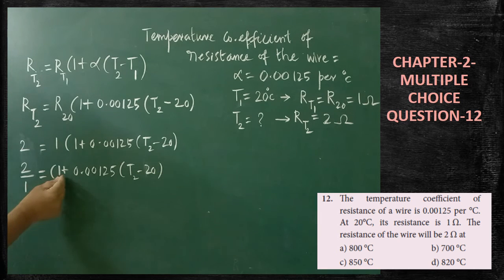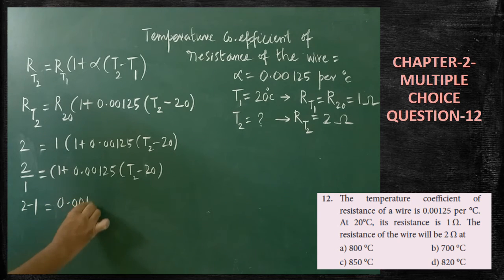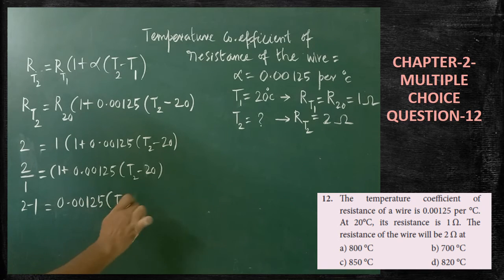Now this 1 can be brought to this side. 2 by 1 is equal to 2, and if this 1 is brought here, it becomes 2 minus 1. What is the remaining factor? I'll go step by step, only then you can understand. T2 minus 20.